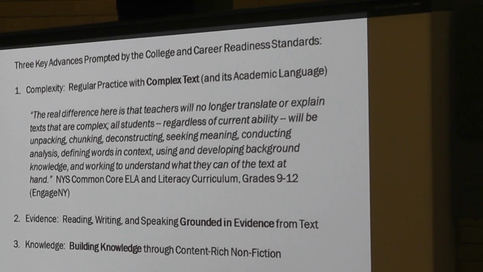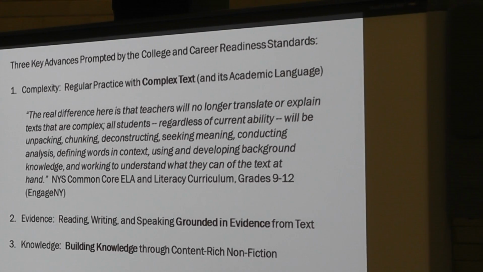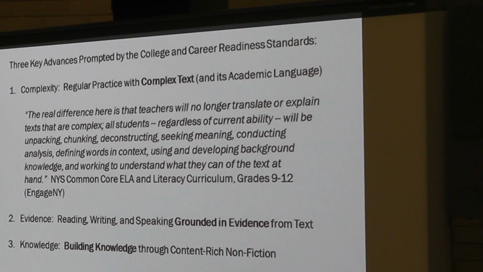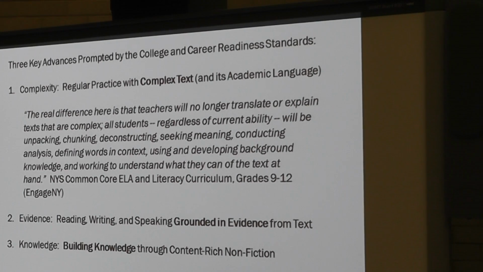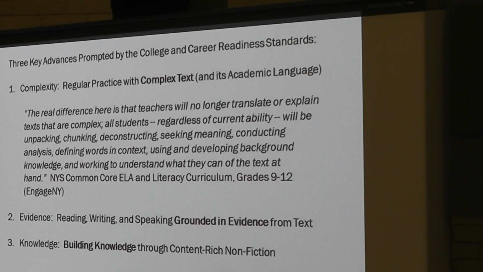Regular practice with complex text and its academic language. We talked about, a little people have mentioned, the texts are harder. The kind of official language for that is that they're more complex. And this is explained on a website, and I have this in writing in another handout for you to look at, but Engage New York is a fantastic website.